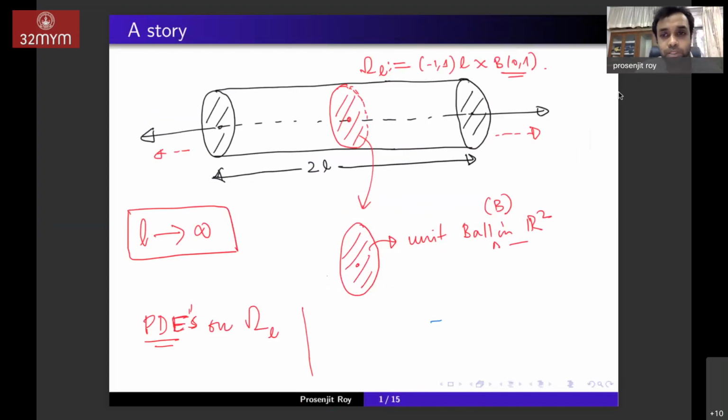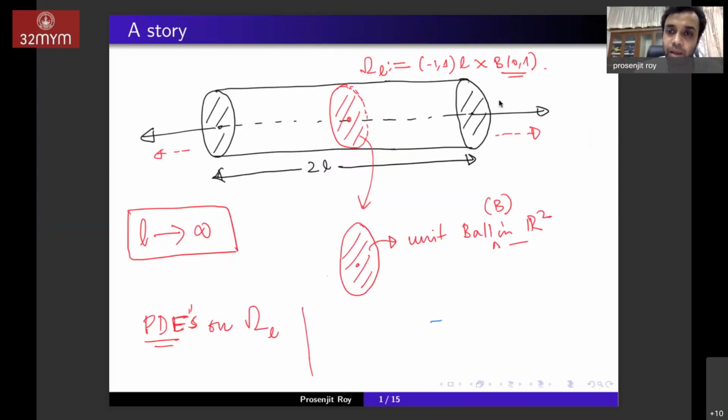What do we mean by a long cylinder? Let's say we are in 3 dimensions and the length is parameterized by L, and I have a domain Omega_L, which is (-L, L) cross B01. So L is the length of this cylinder, which I have written here as 2L, you can see.